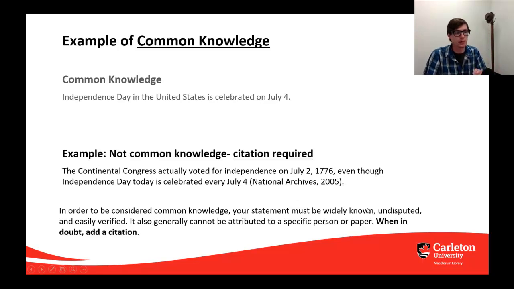In order for it to be considered common knowledge, again, I'm just going to reiterate this, your statement must be widely known, undisputed, and easily verified. It also generally cannot be attributed to a specific person or paper, and again, like I said, I've bolded this, when in doubt, add a citation.